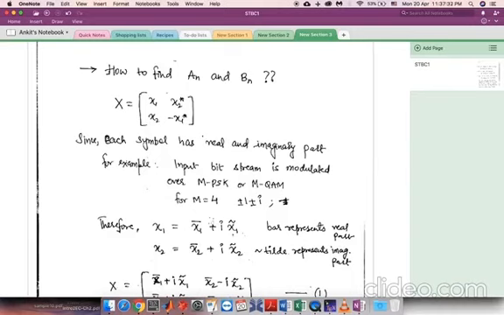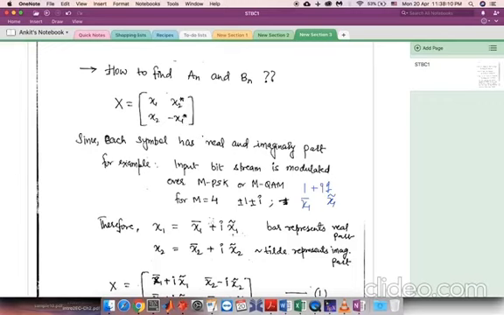For 1 plus i, I can rewrite it like this: this would be my x_1 bar, which is 1, and this would be my x_1 tilde. So in general, x_1 is x_1 bar plus iota x_1 tilde, and similarly x_2.